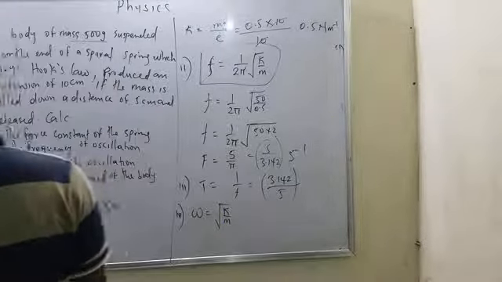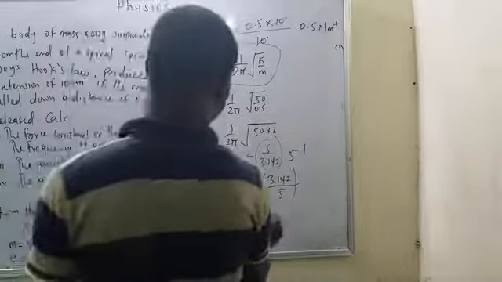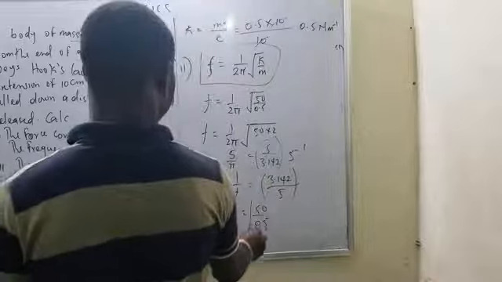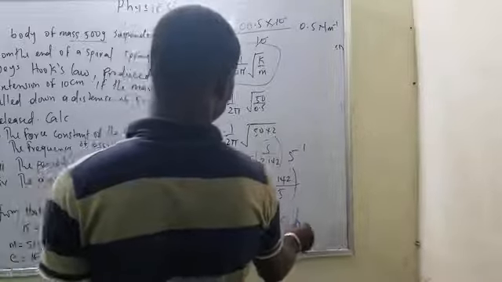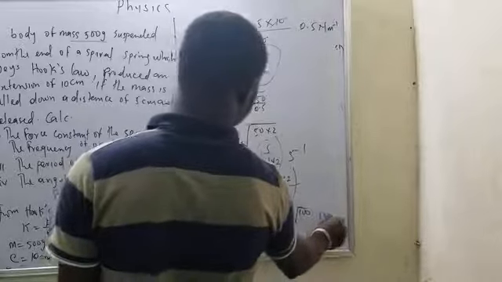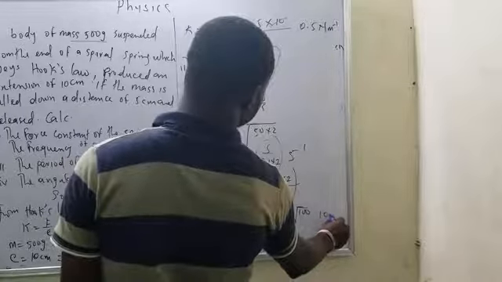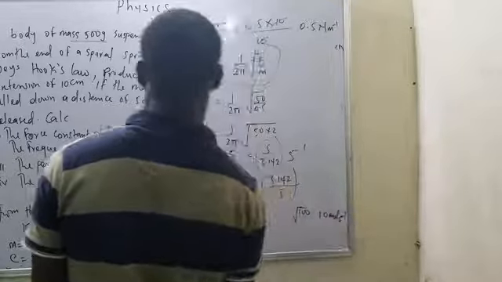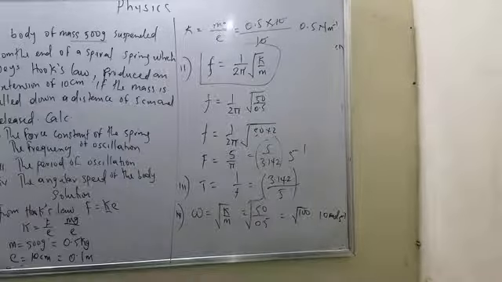I showed you that I can have it as 50 divided by 0.5, which is root of 100, which will be 10. That will be 10 rad per second.